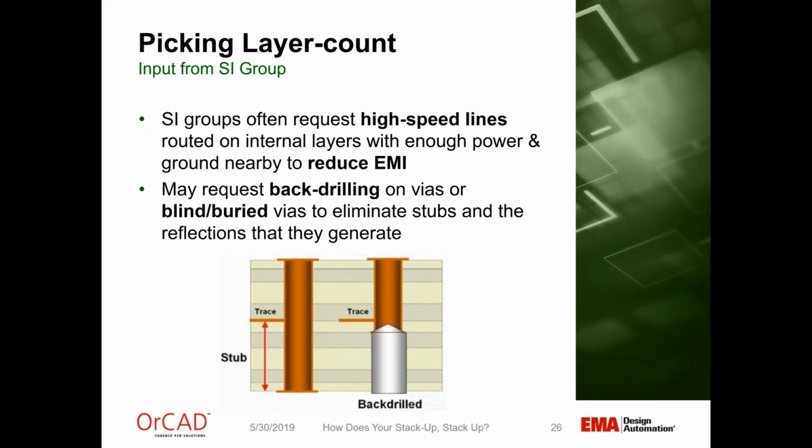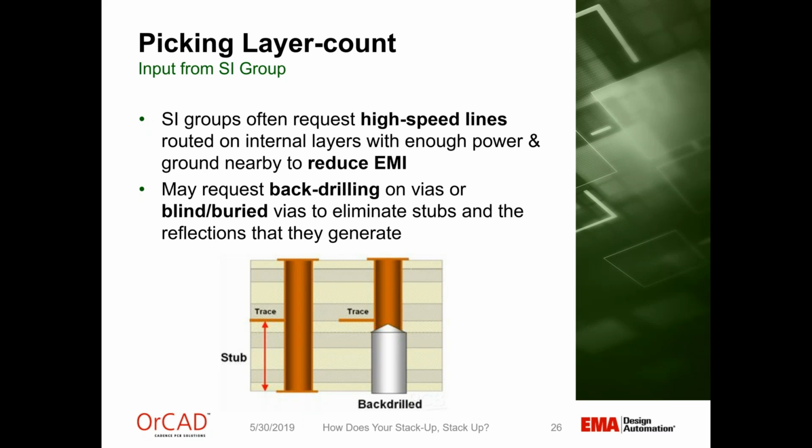They might also ask for things like back drilling. Back drilling, you see in the screenshot there, if you're unfamiliar, is where you have a via, maybe a signal comes from the top and goes to an internal layer. And the remainder of that via barrel after the internal layer effectively acts like a stub in terms of signal integrity. If you remove that, that can improve the signal quality.